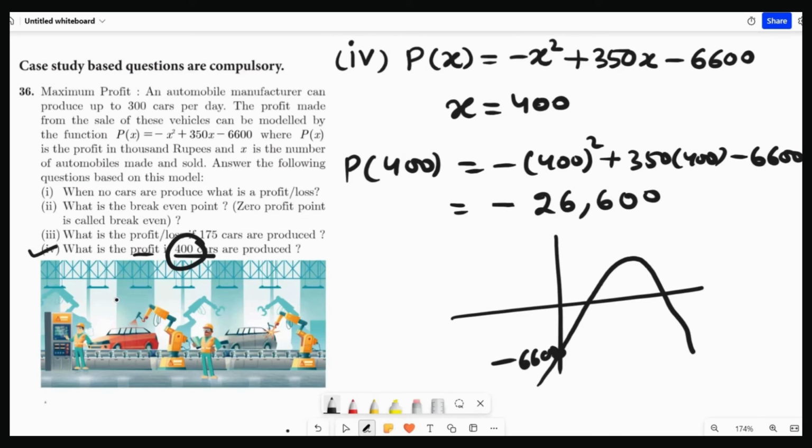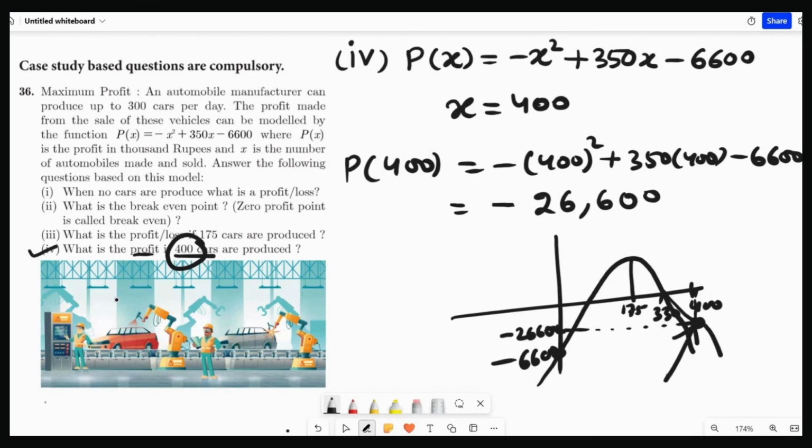Say 175 was here, and 330 was here, so somewhere here 400 will be, and the coordinate is (400, negative 26,600). That means the graph goes like this, and this is the point.